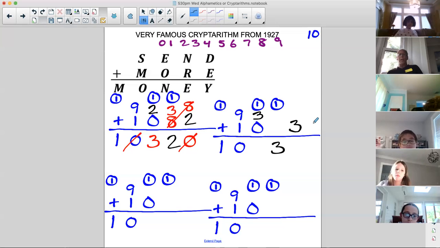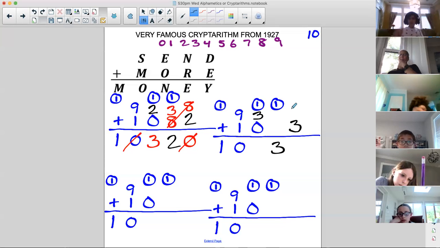Who can tell me what is possible here? Can D be 8? Guys, why can D not be 8? Luke, why can D not be 8? Using E as 3, why can D not be 8?